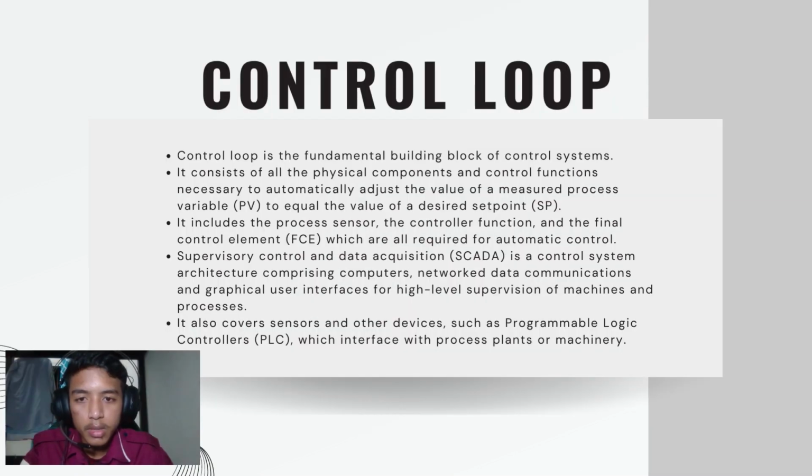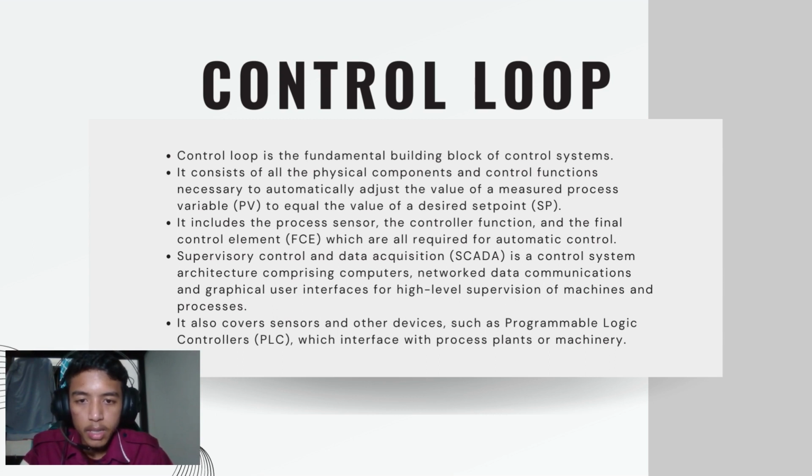Okay, so the control loop is the fundamental building block of control systems. It consists of all the physical components and control functions necessary to automatically adjust the value of a measured process variable (PV) to equal the value of a desired set point (SP). It includes the process sensor, the controller function, and the final control element (FCE), which are all required for automatic control.